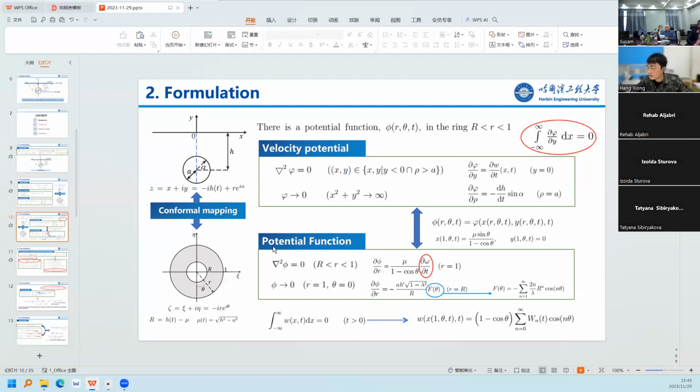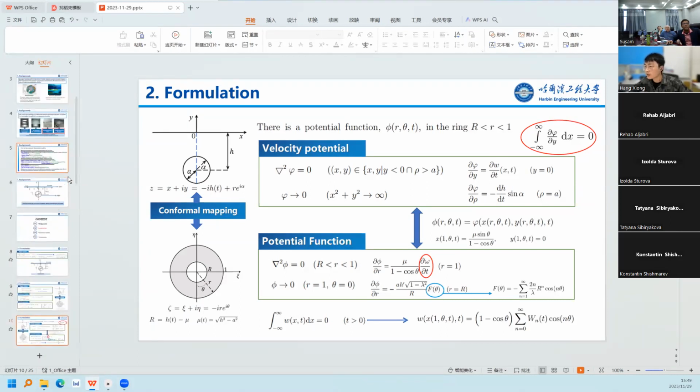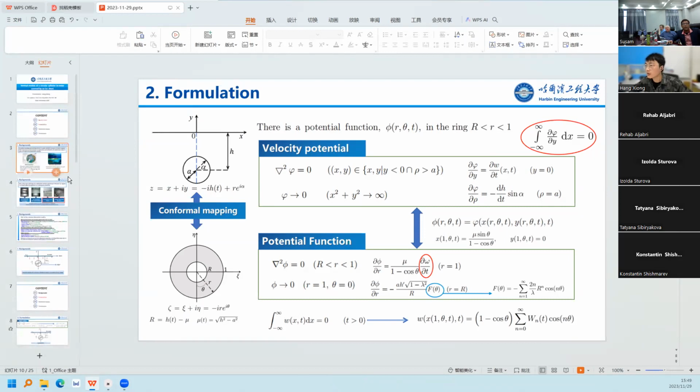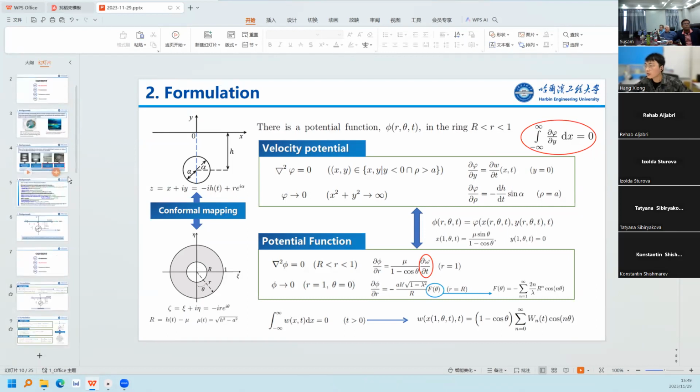Please ask questions. Can you please go to your convergence result? Which slide? Where the convergence is studied.